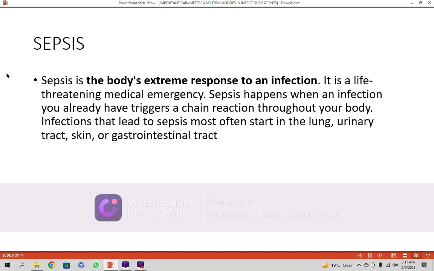If there is no proof, you will not use this terminology. You will stick to the terminology of systemic inflammatory response syndrome, an extreme response to the infection. Life-threatening medical emergency, if it occurs, it means that a lot of bacteria are inside your body, culture and sensitivity can be done here, and a specific antimicrobial agent will be helpful to fight against this infection.